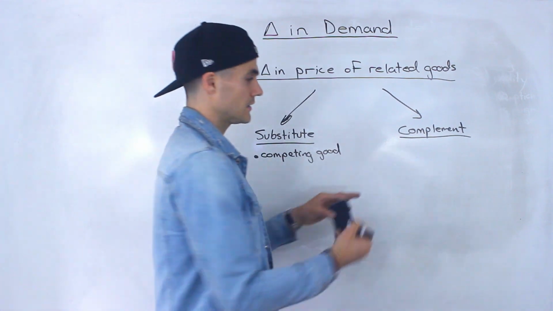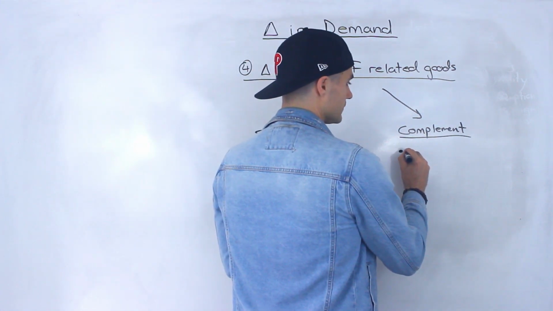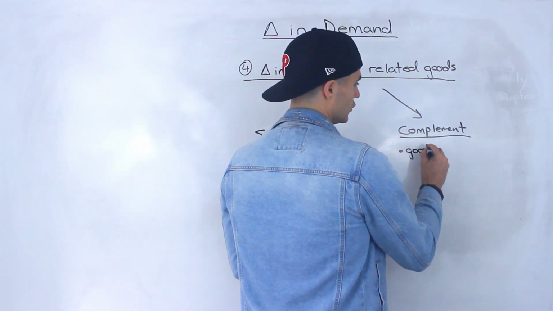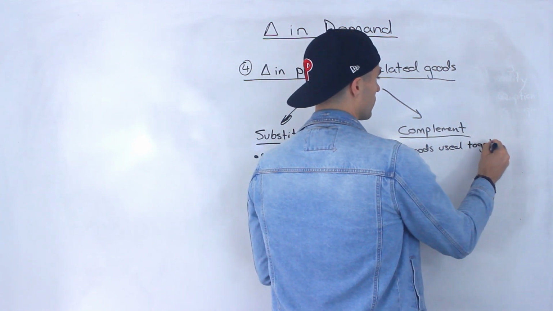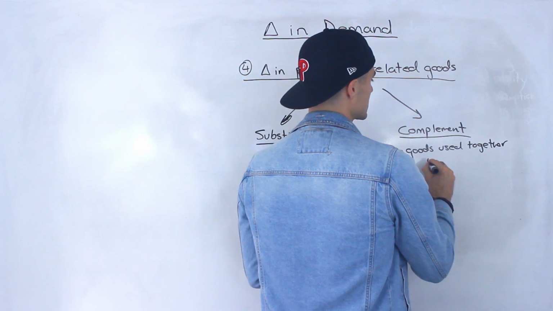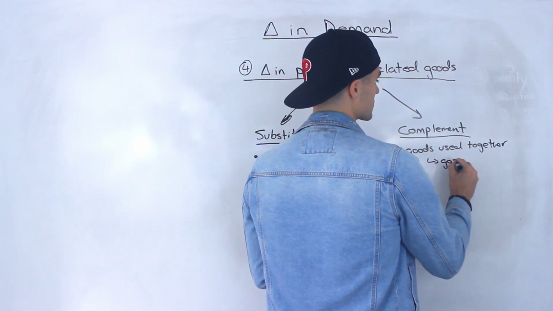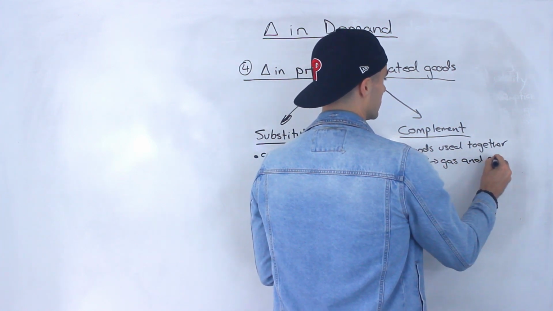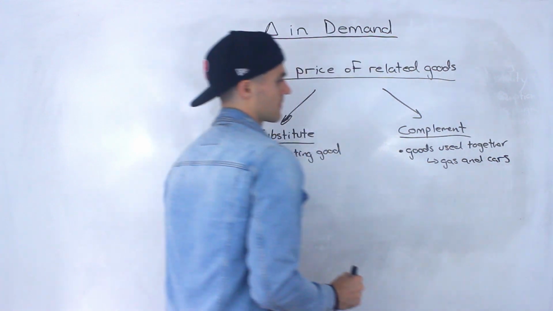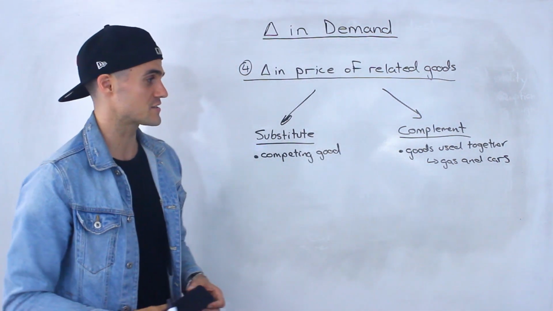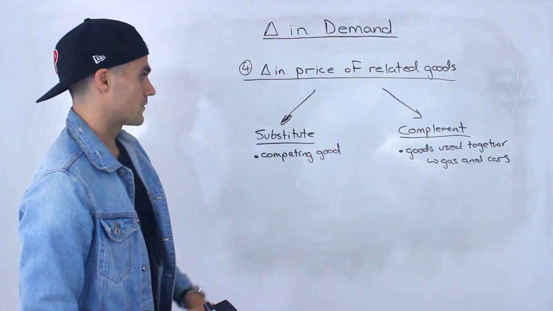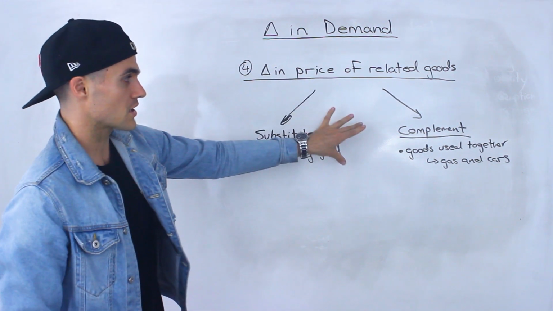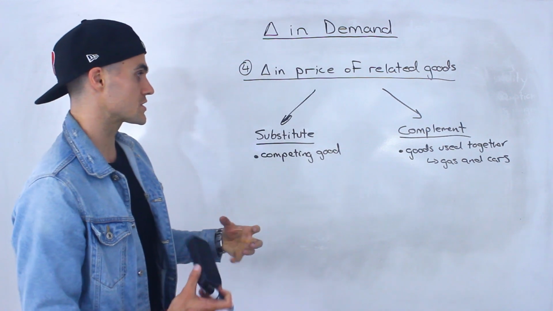Versus a complement, it's goods used together. So for example, a good example of this is gas in cars. At least as of now, when I'm making this video and cars are still running on gas. Right, so substitutes are competing goods, complements are goods that are used together.